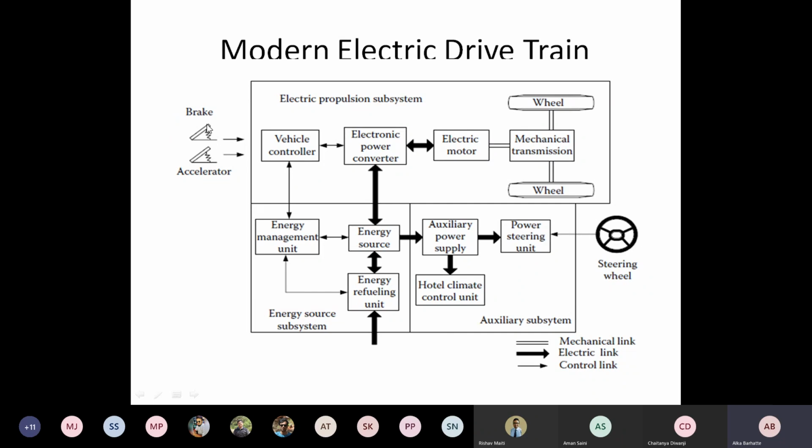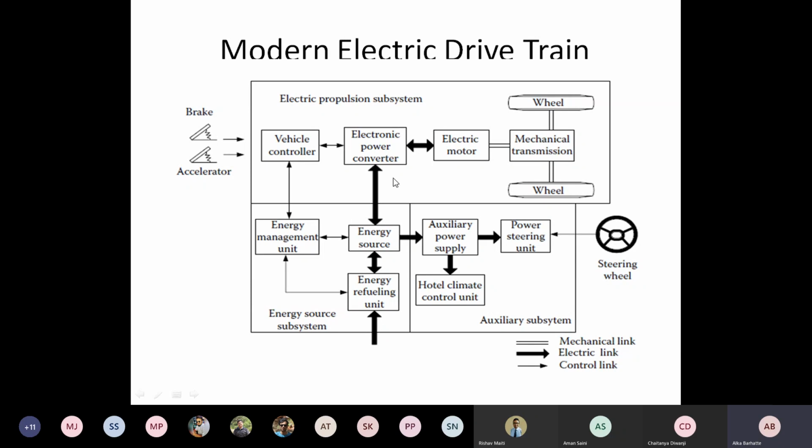It senses the position of the brake and accelerator pedal, and those signals are read by the vehicle controller. The vehicle controller generates the control signal for the electronic power converter, which regulates the power between the electric motor and the energy source.